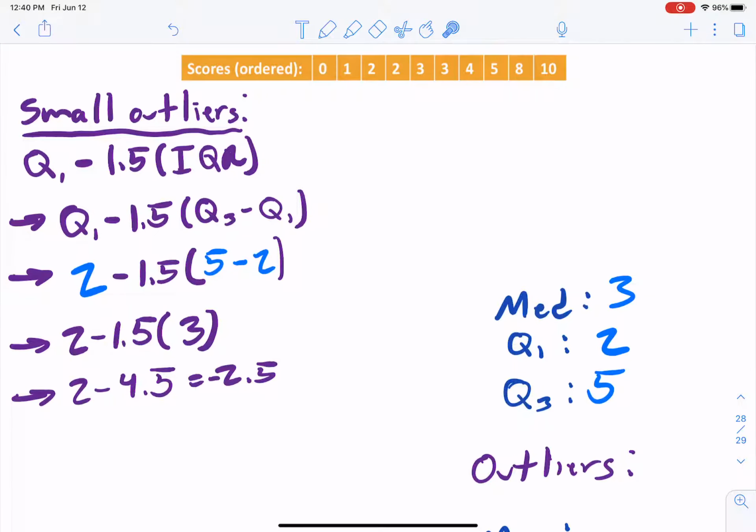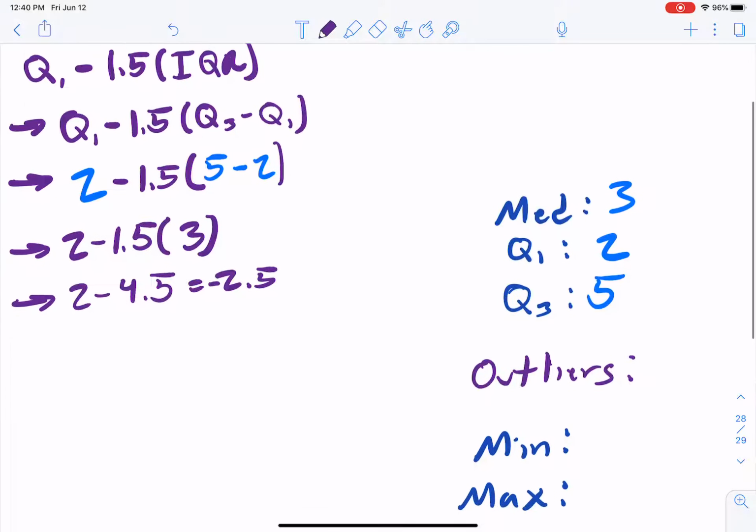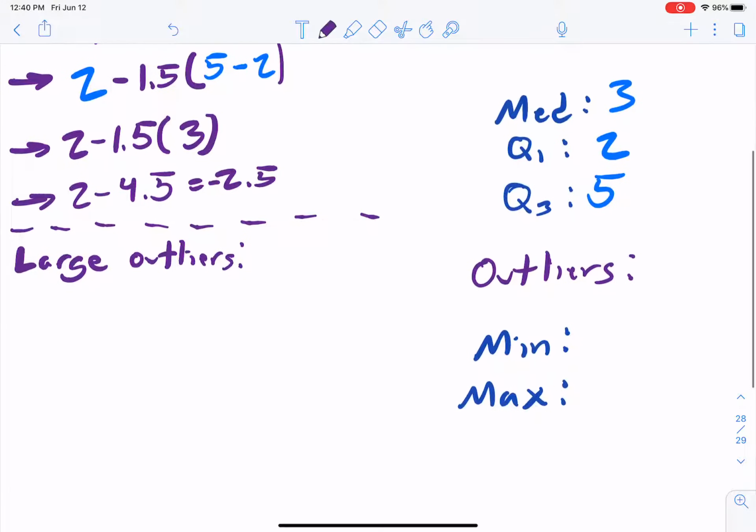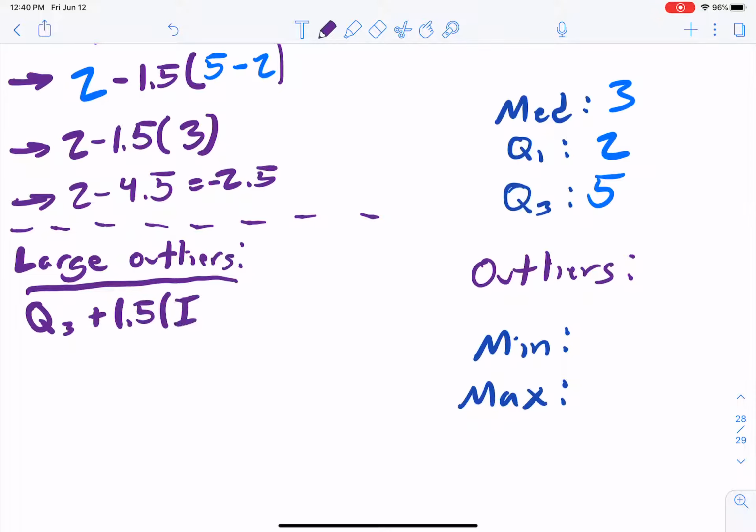All right. So it's the same process for the large outliers. Same process, just a slightly different equation. What that looks like is Q3 plus 1.5 times the interquartile range.